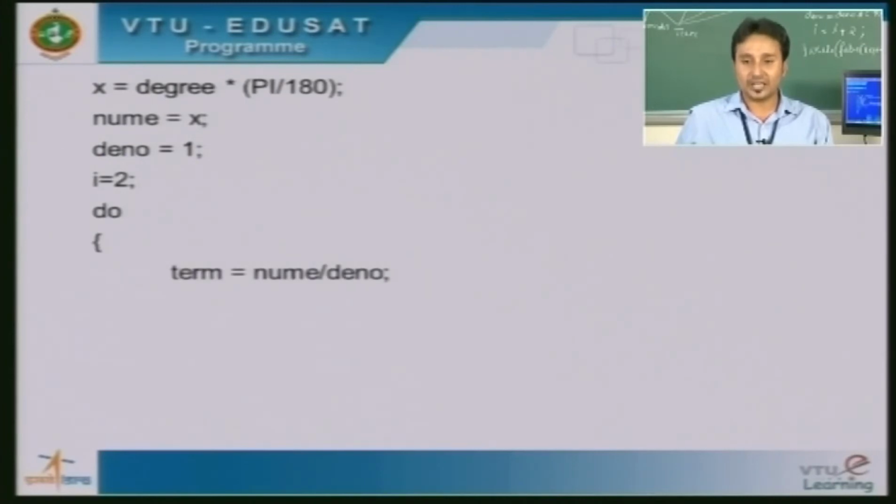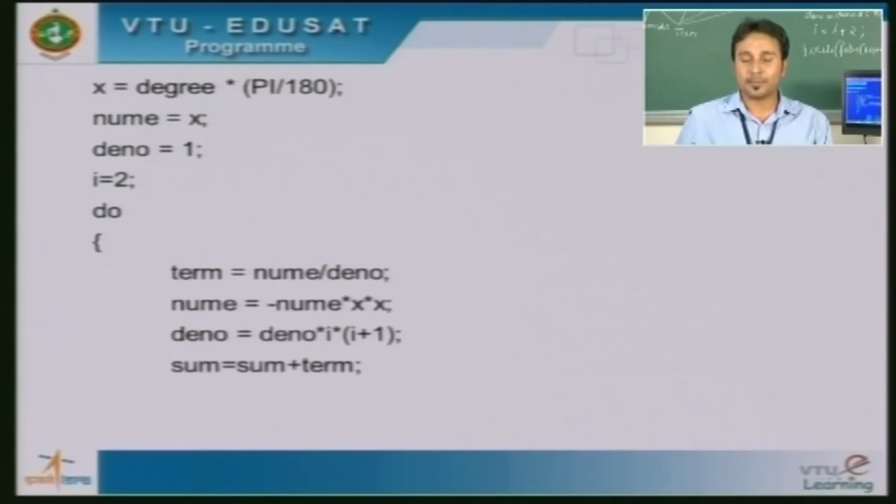That is, here term equals numerator by denominator, numerator equals minus numerator into x, denominator equals denominator star i plus 1, sum equals sum plus term, i is equal to i plus 2, while fabs of term is greater than or equal to 0.0001. This entire do while construct has been clearly explained in the logic of our program.